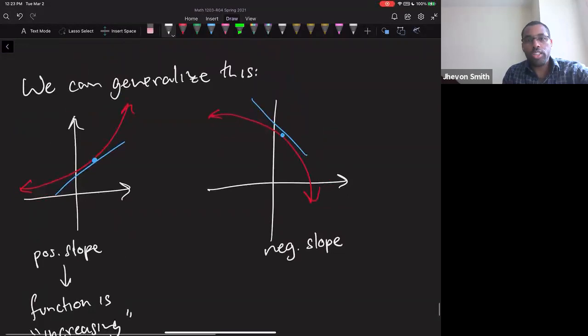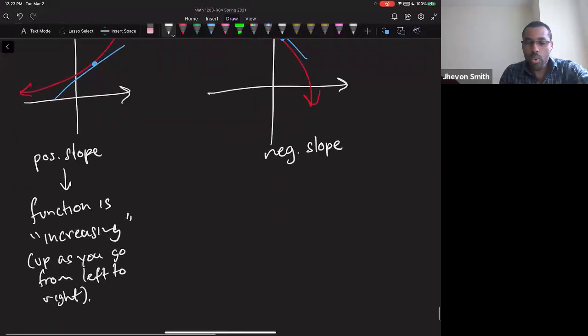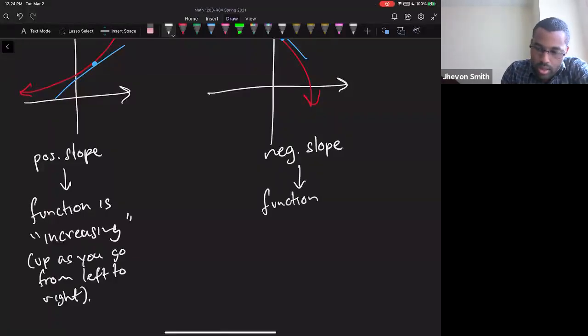But what's happening to the function? It's behaving like a line of negative slope, which means it's going down as you go from left to right. We call this decreasing.